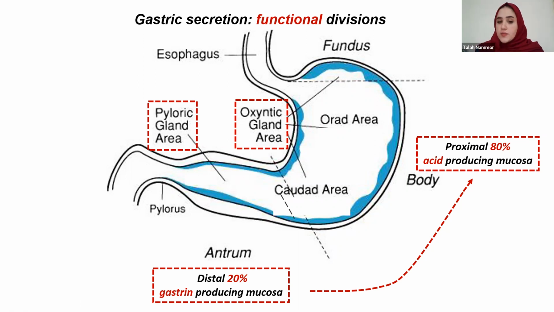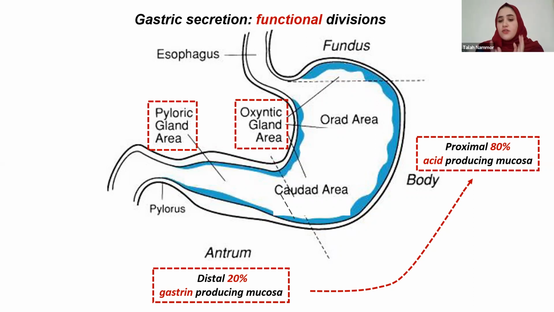Now, gastrin is a hormone that we're going to talk a lot about later on, but as a simple function of gastrin, think of it as one of the hormones that stimulates the release of acid. And so you can see, guys, here there's an arrow between this and this. It's just that the doctor is trying to tell you that the gastrin production will result in the acid production.